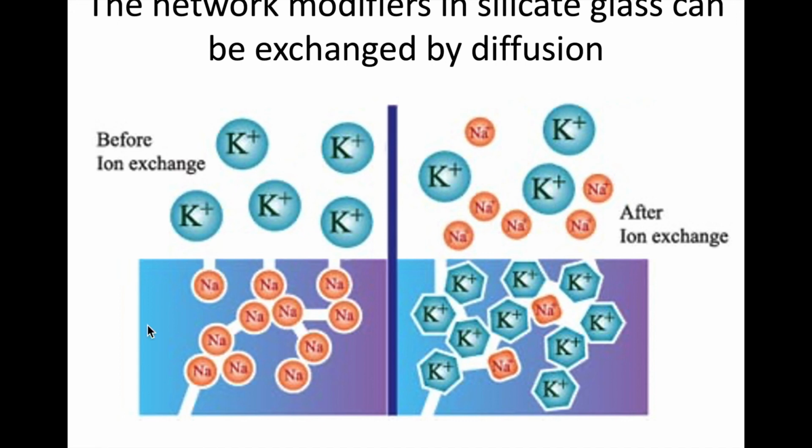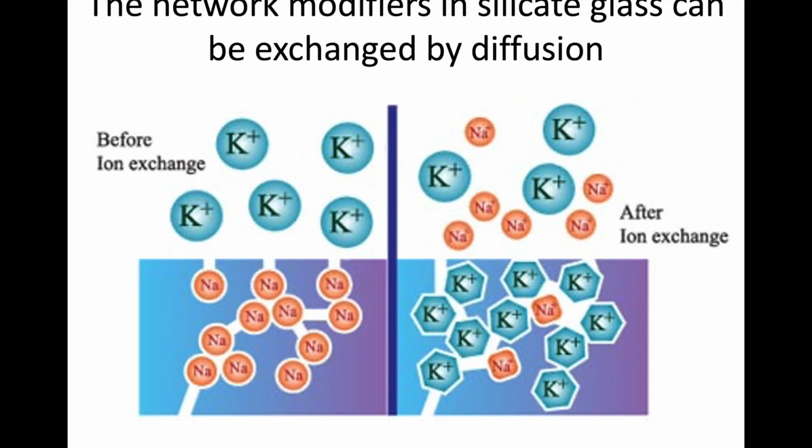But this glass structure is fixed in its glassy state, right? Its glassy state means that it's very rigid. So if it's very rigid, then the sodium comes out and leaves behind this space, and then the potassium goes in, but it's larger, right? So it puts a compressive stress on the area around it to accommodate that size.